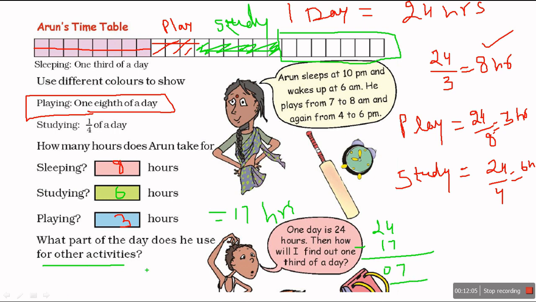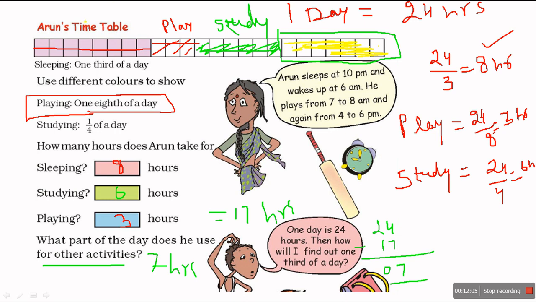Means he uses 7 hours for other activities. Okay, you can see now 1, 2, 3, 4, 5, 6, 7. These 7 hours for other activities.